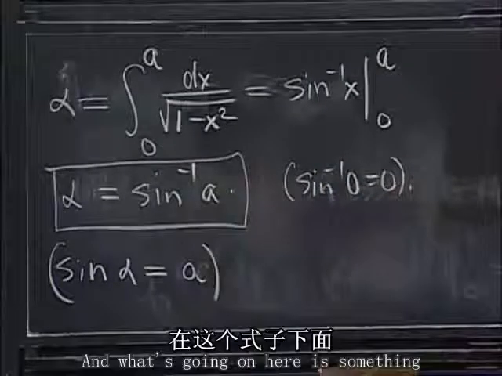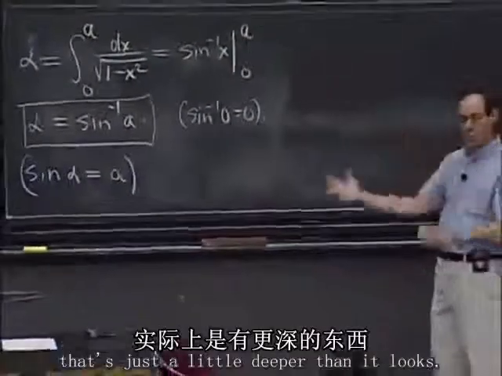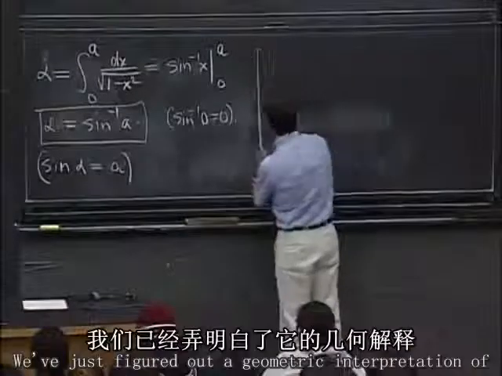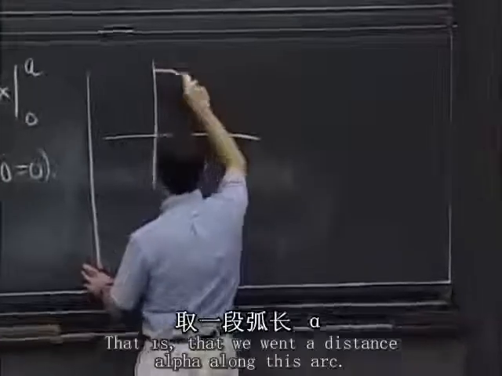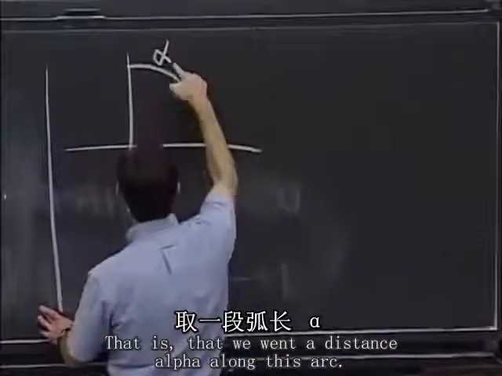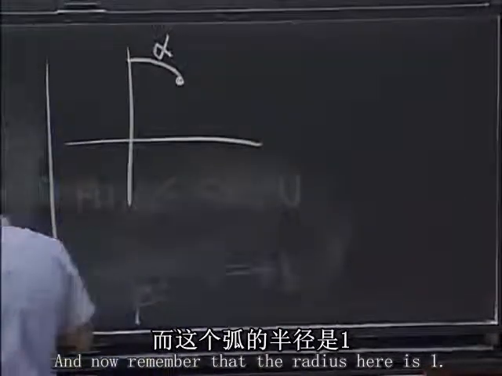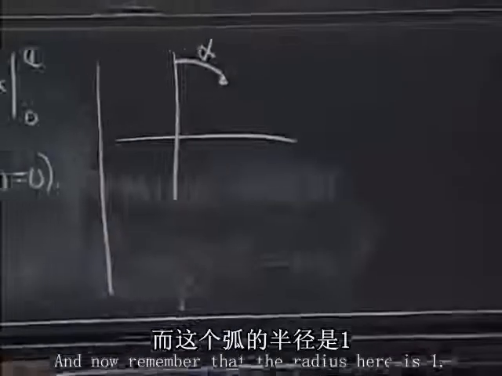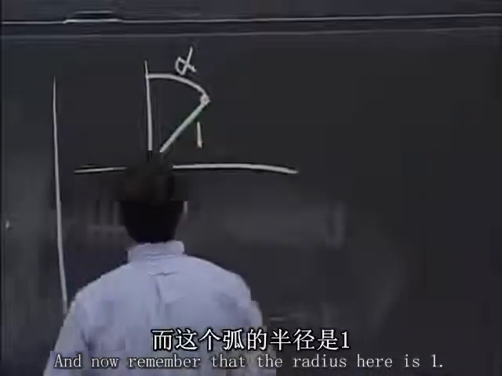And what's going on here is something that's just a little deeper than it looks, which is this. We've just figured out a geometric interpretation of what's going on here. That is, that we went a distance alpha along this arc. And now remember that the radius is 1, right?